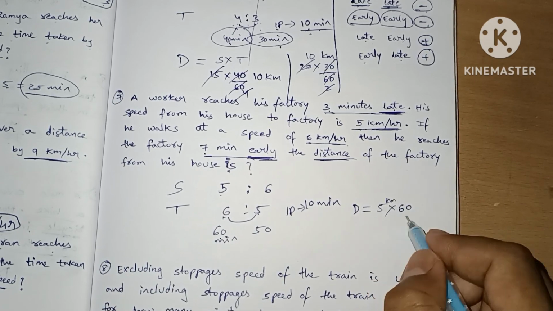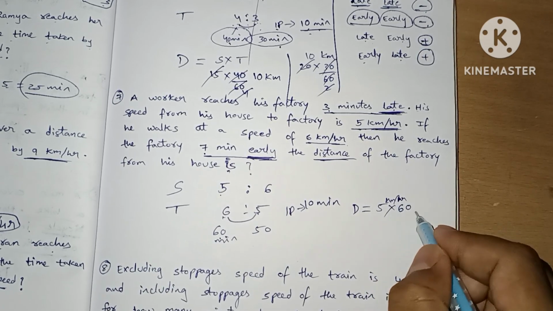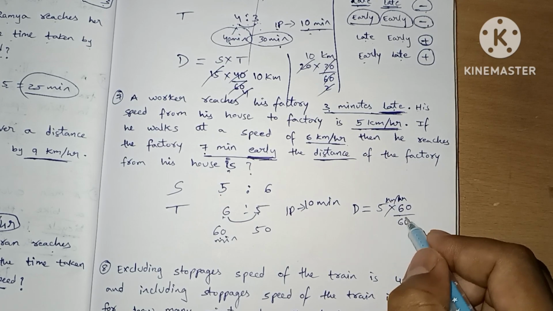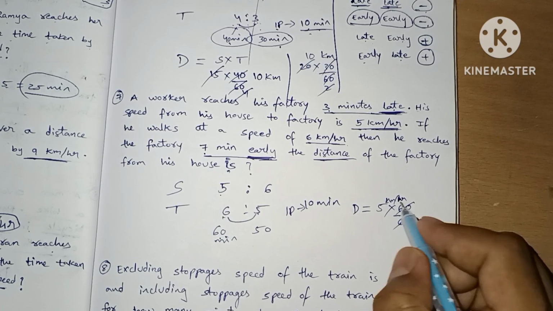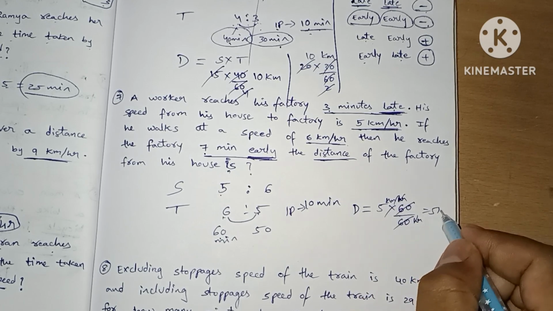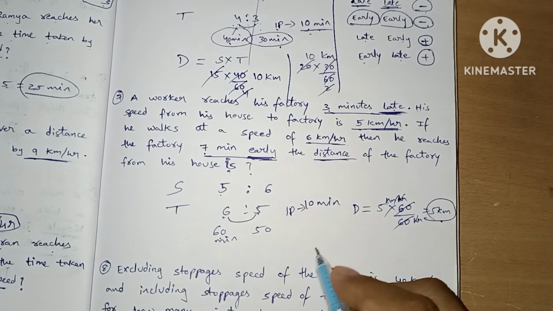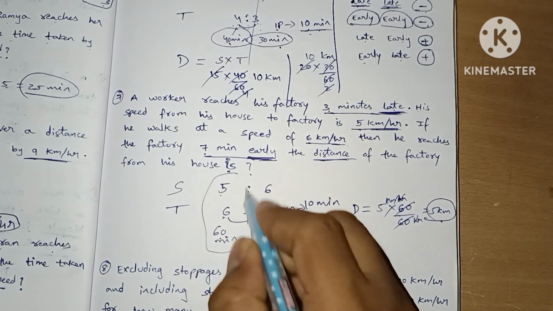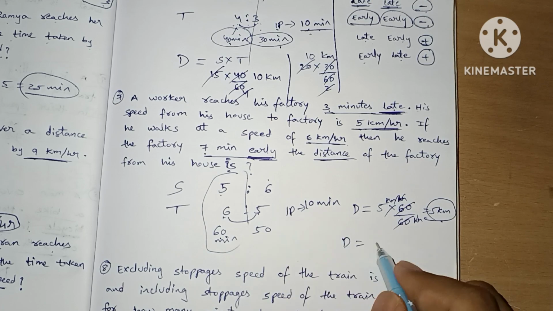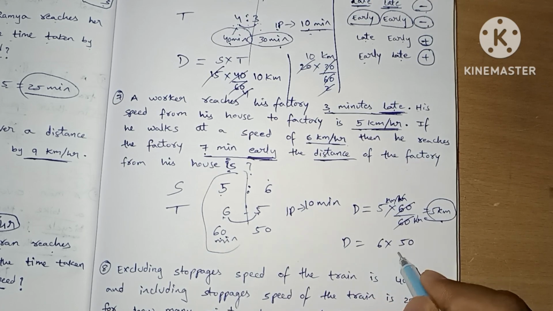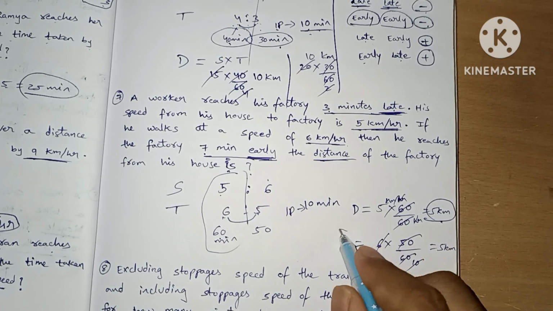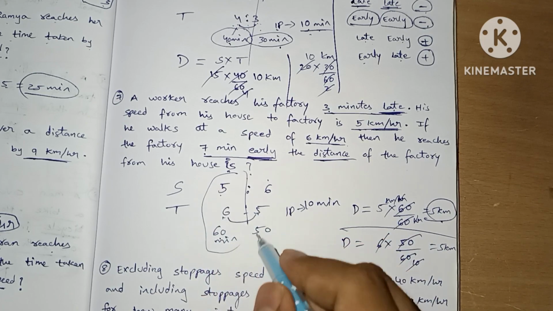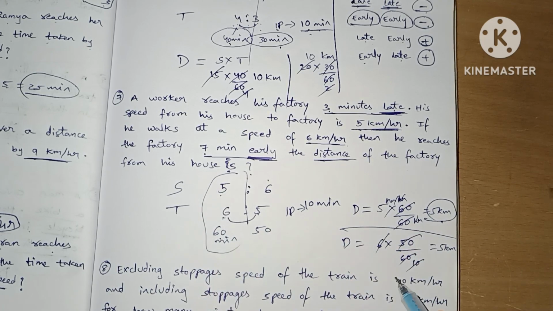The speed is in kilometers per hour and this is in minutes, so converting them into hours we divide by 60, and hours and hours cancel, we get 5 kilometers. The answer is 5 kilometers. Let's take the other two: 6 into 50 minutes divided by 60, converting the minutes into hours, 6 10 times and 10 5 times, 5 kilometers. So we take either one of these two and find the distance.